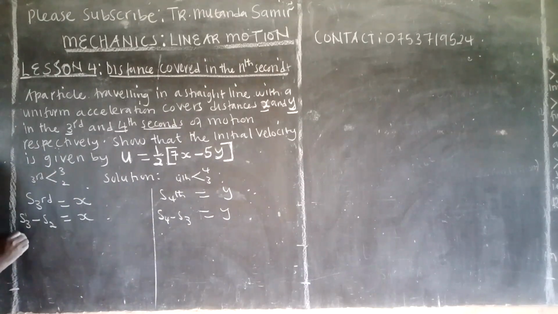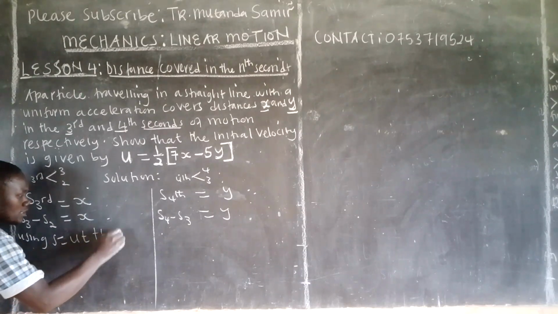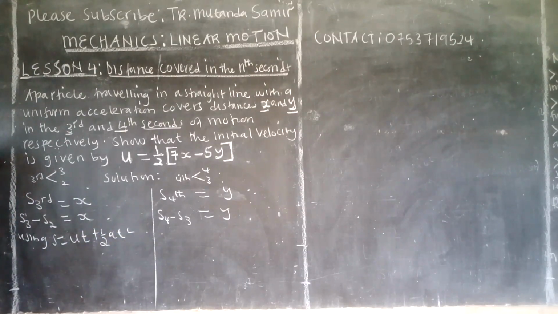Using s is equal to ut plus a half at squared, let us substitute and see the way forward. Let me first get s at 3.